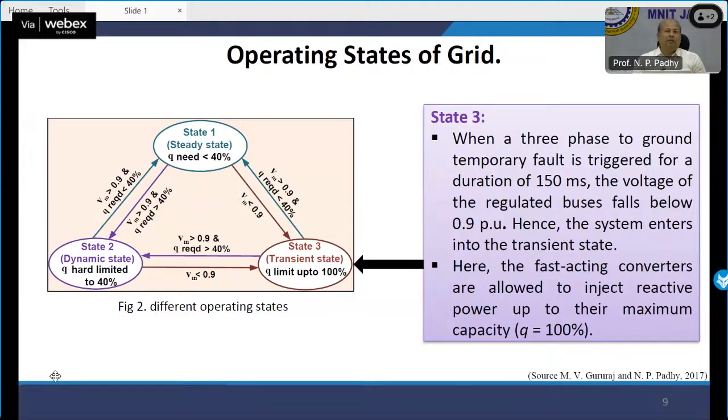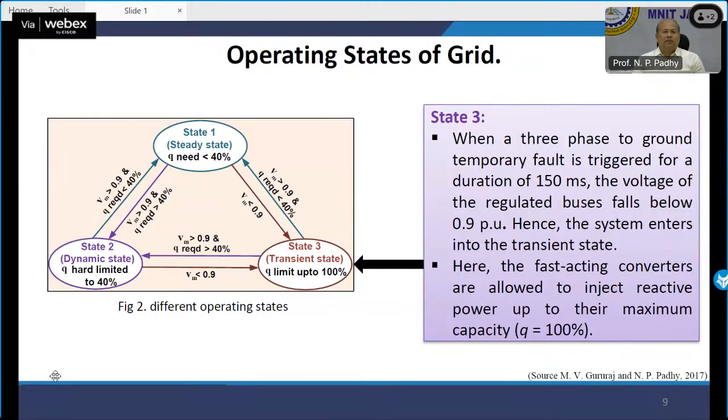So a three-phase to ground temporary fault is triggered for a duration of 150 milliseconds. Why am I saying 150 milliseconds? How many cycles? 7.5 cycles. So it's quite a high number of cycles, almost a long duration. I wanted to highlight that it is happening for a very long time.